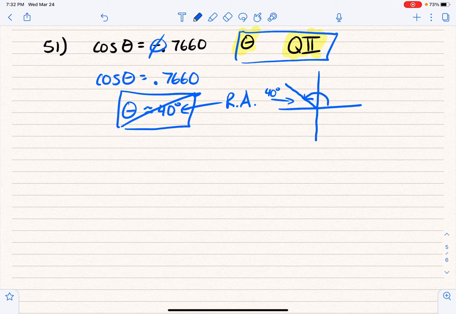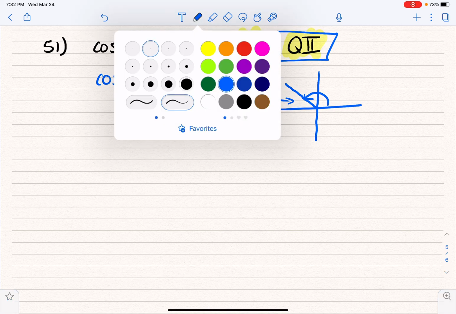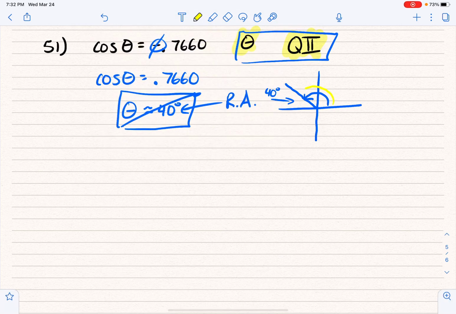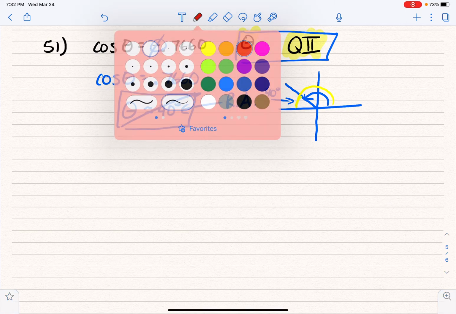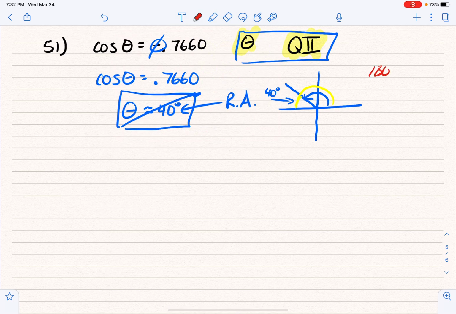One way to think about it is, I want to go all the way to 180 and then go back 40. So all the way to 180, back 40 is the same thing as 180 minus 40, which is going to give me 140, and that's what this angle is, 140 degrees. That's what theta is. Theta is equal to 140 degrees.